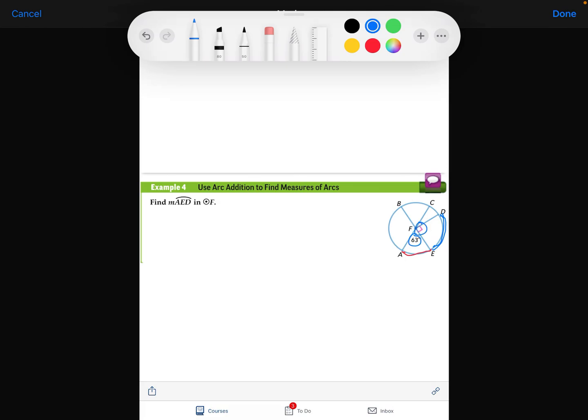So for AED, we can just add the two adjacent arcs: 63 plus 90 equals 153. So the measure of arc AED equals 153.